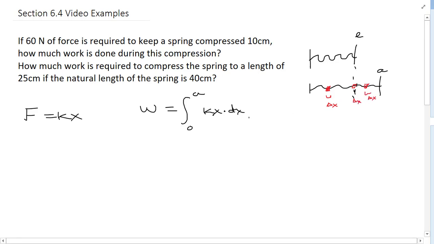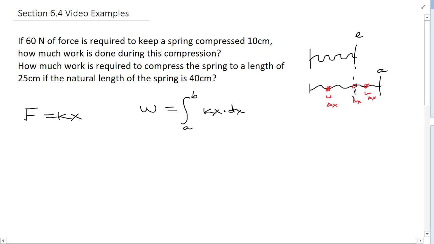As we put them into our Riemann sum and take the limit as n goes to infinity, that becomes dx. So this is the work. And since we may not always be doing things from equilibrium, I'll say from a to b. So the force is just kx and the work is an integral.